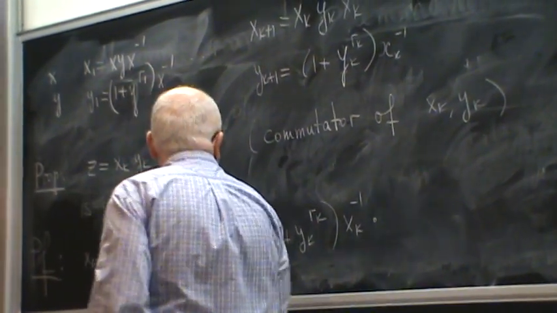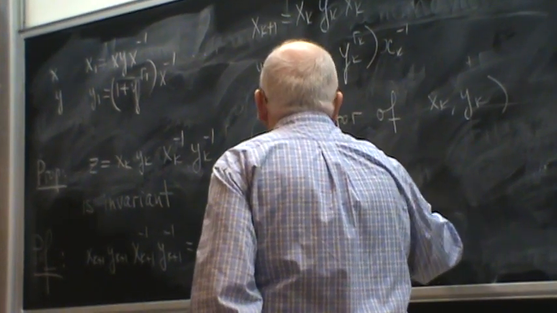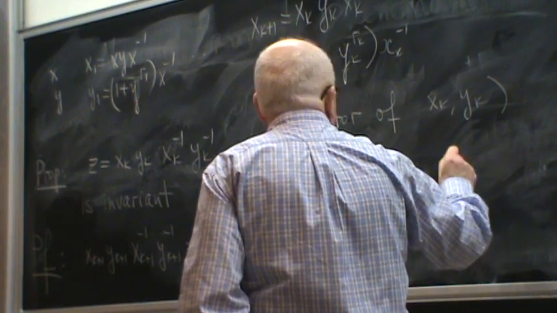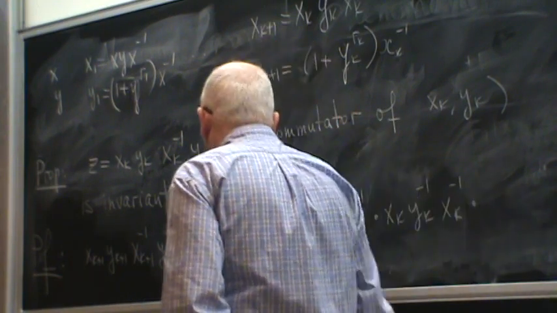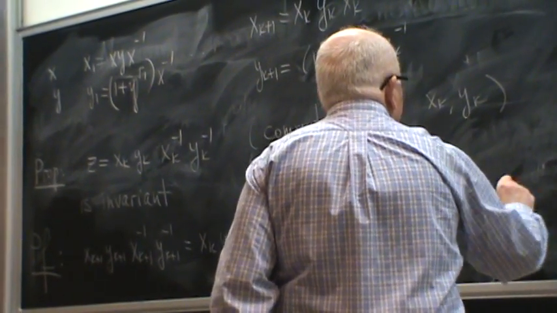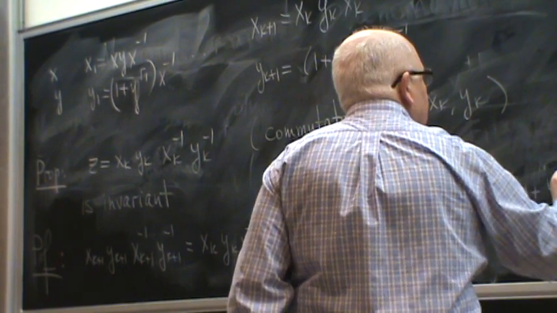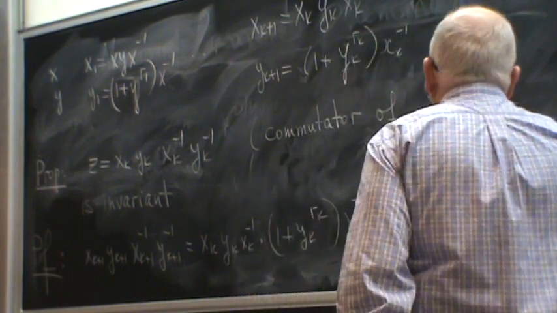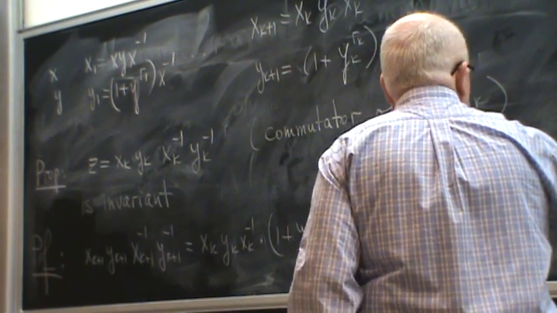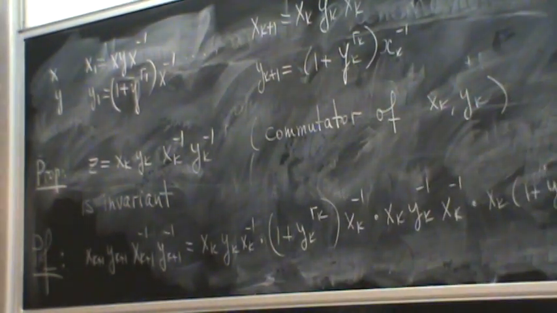Next you have this, so this thing invertible, so you have xk, yk inverse, xk minus 1. And then this stuff invertible, so you have xk, 1 plus k minus 1, and then you have xk. Yeah, that's okay.